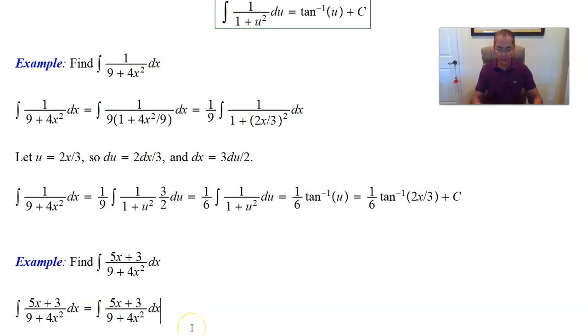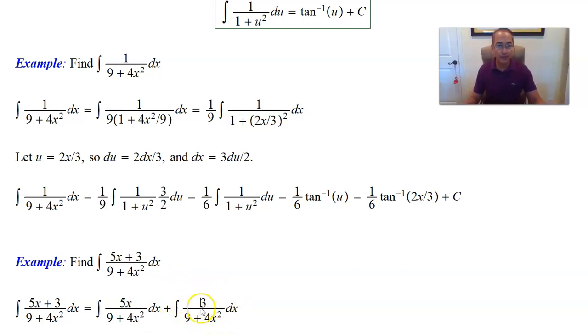We can think of this antiderivative as being made up of 5x over 9 plus 4x squared and 3 over 9 plus 4x squared. Sometimes this works, sometimes this doesn't. In this case, it is going to work, as we are about to see.